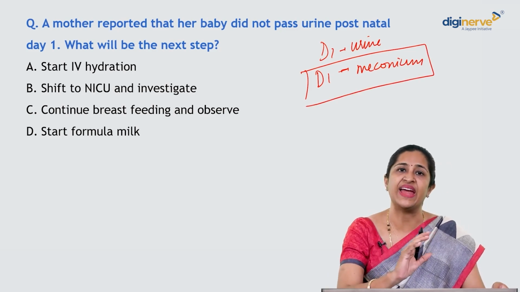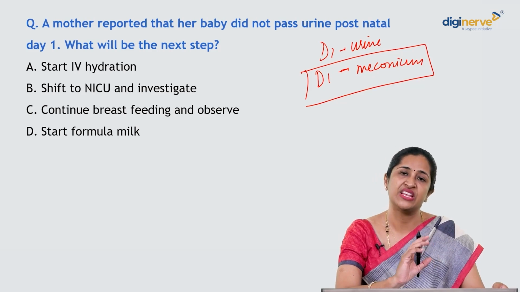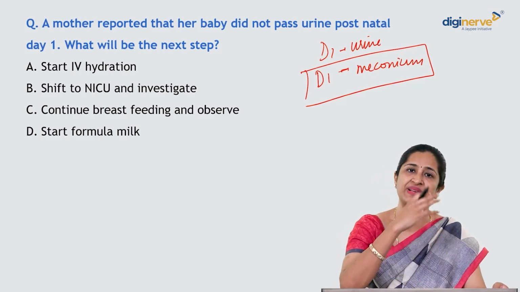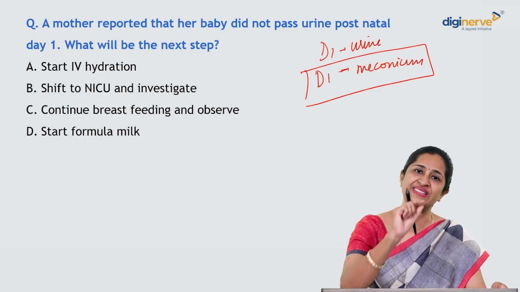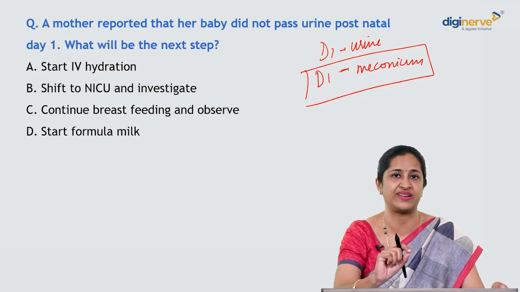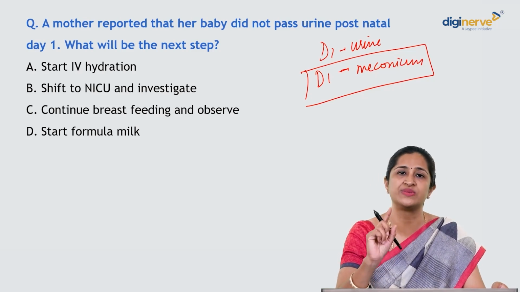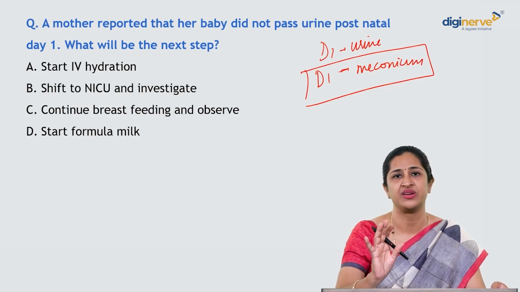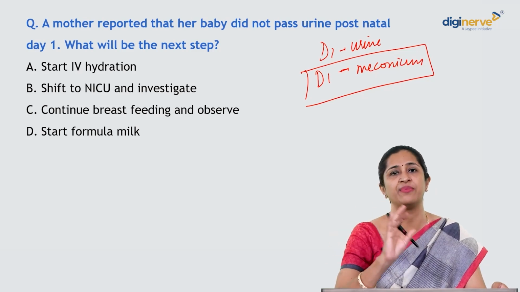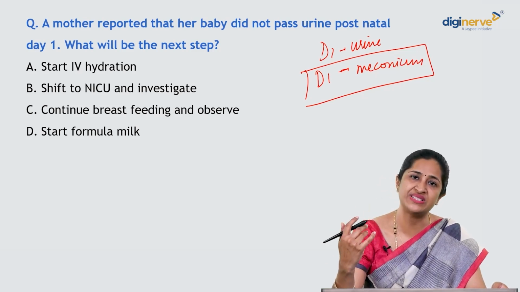Because in the antenatal period, the child has been constantly passing urine, which is why liquor is formed. So the patency of the urinary tract in a child who is born with adequate liquor has already been established. If liquor is adequate, amniotic fluid is adequate, what does that mean?